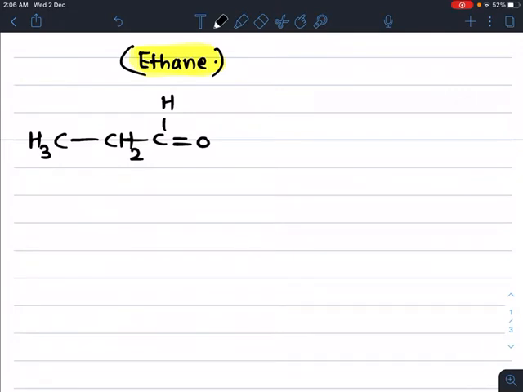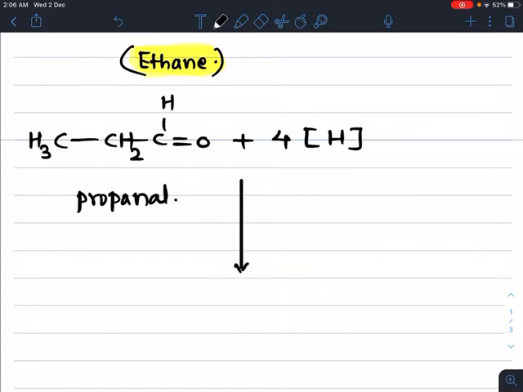You get the 3 carbon aldehyde propanal or propionaldehyde. When it undergoes Clemmensen reduction, it reacts with 4 nascent hydrogens supplied by zinc amalgam ZnHg with concentrated hydrochloric acid as a catalyst, and the mixture is heated.